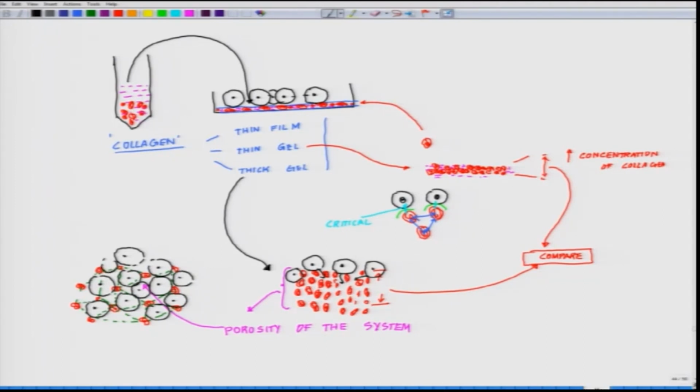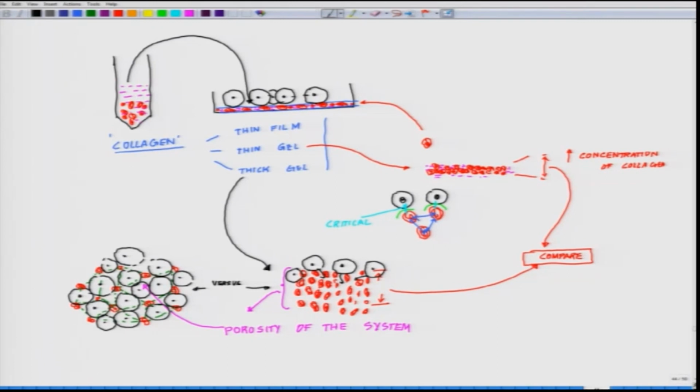Now, could you compare this picture versus this picture?